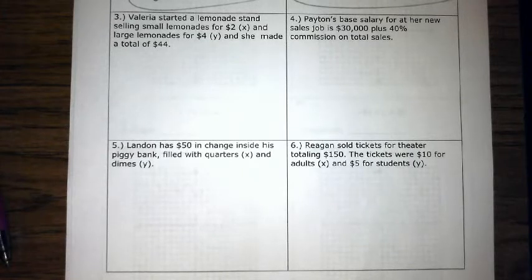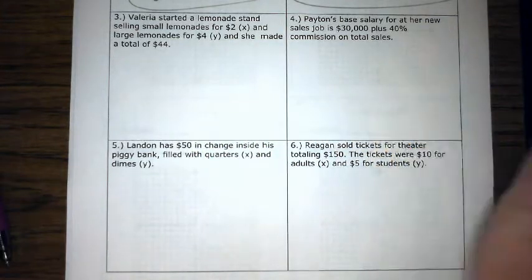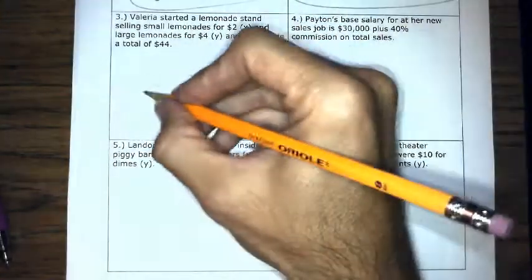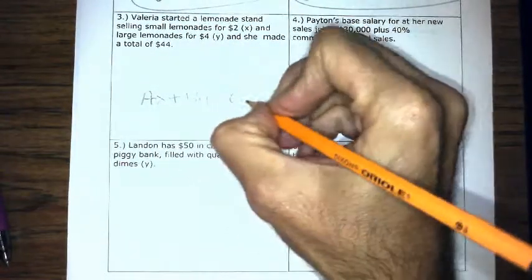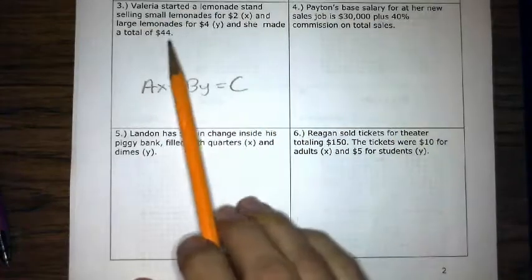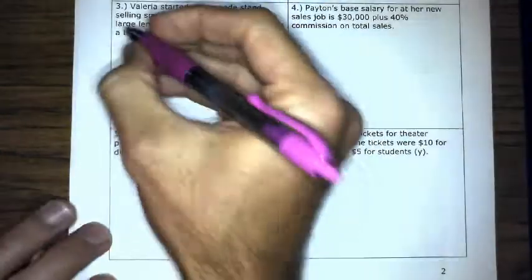So now I'll go ahead and read this one. It says Valerie started a lemonade stand selling small lemonades for $2, which is X, and large lemonades for $4, which is Y. And she made a total of $44. Right off the bat, I know that I'm using the new one, and the word total gives it away.